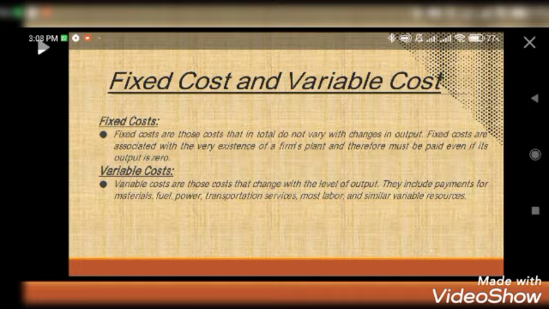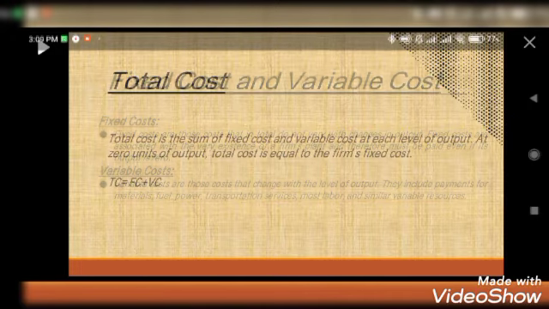Whereas variable costs are those costs that change with the level of output or production demand. They include payments for material, fuel, power, transportation service, most labor, and similar variable resources. If your requirement or demand is increased, variable cost will increase because the units you require for the end product will increase.